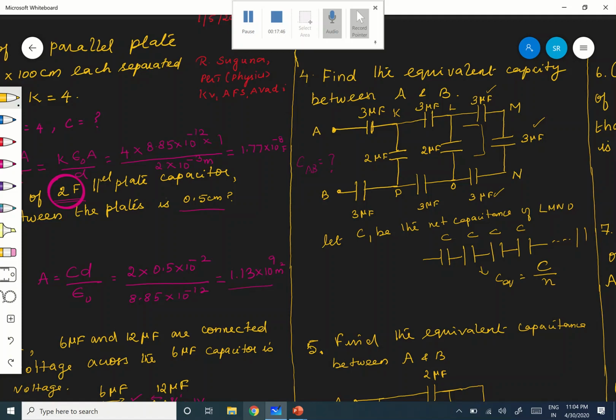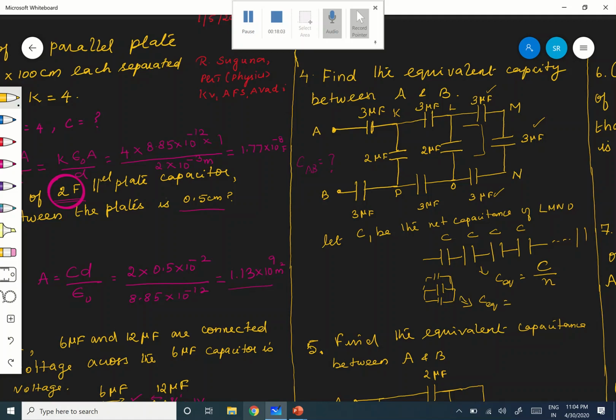And if they are connected in parallel? If n capacitors are connected in parallel, then what is the equivalent capacitance?